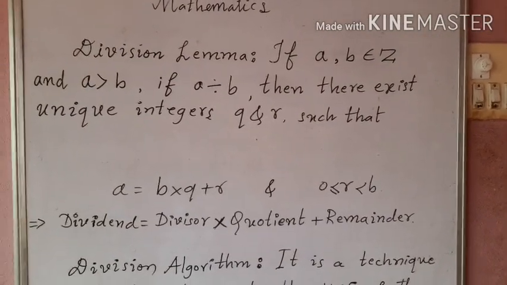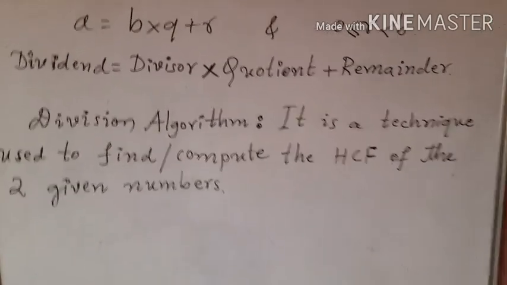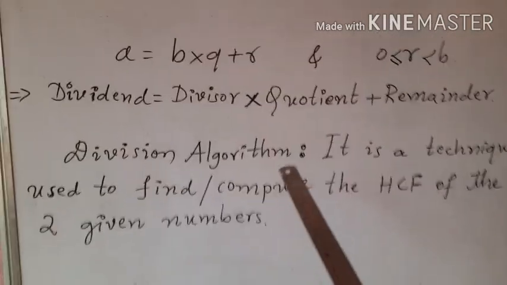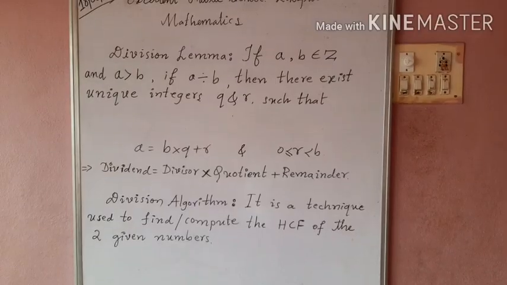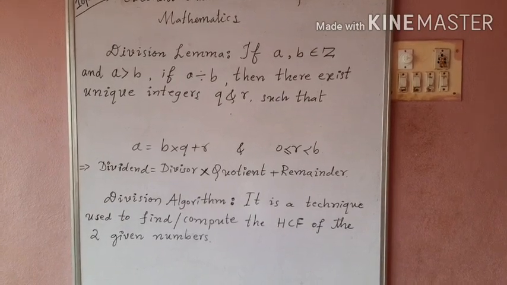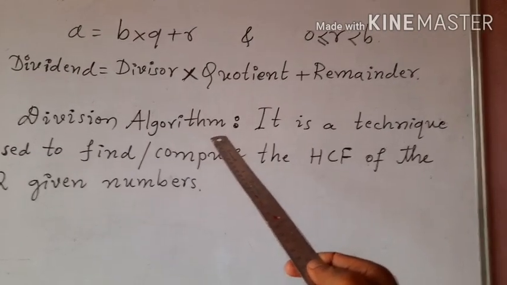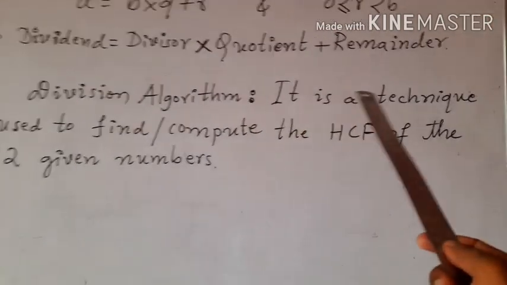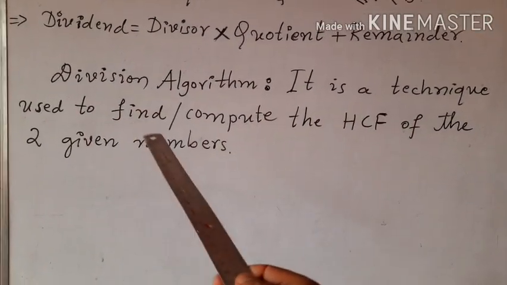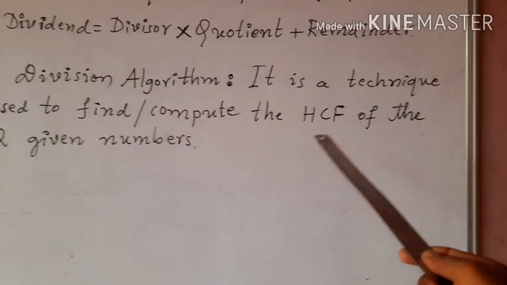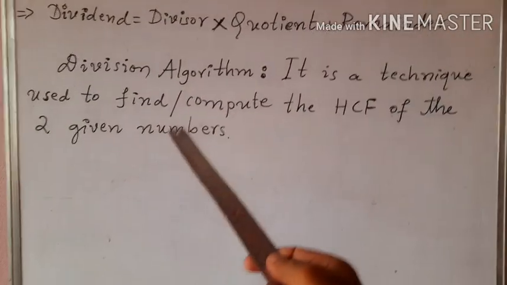But what is division algorithm? Actually, we consider division lemma and division algorithm more often same, but division algorithm is a technique used to find or compute the HCF of the two given numbers.